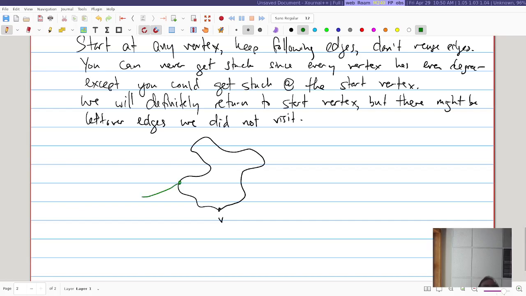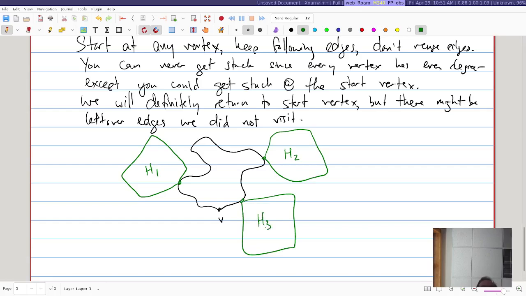There could be some big chunk over here. We'll call this H1. There could be another thing over here, H2. This isn't supposed to represent a path around the outside. It's just a big blob of vertices and edges. But it's got to share something with the path that I made.